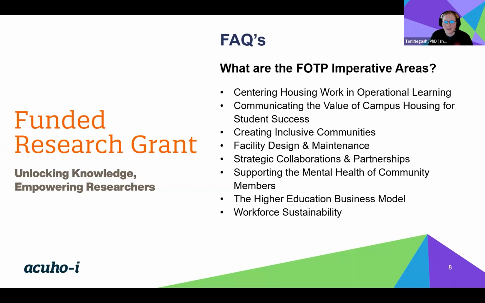But these are centering housing, work, and operational learning, communicating the value of campus housing for student success, creating inclusive communities, facility design and maintenance, strategic collaborations and partnerships, supporting the mental health of community members, the higher education business model, and workforce sustainability.